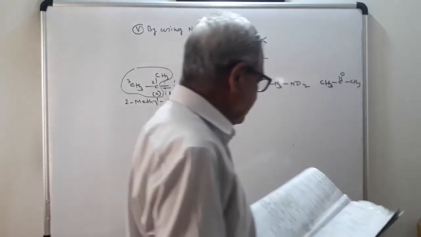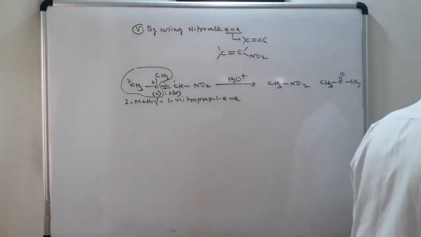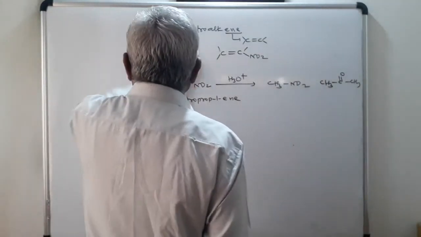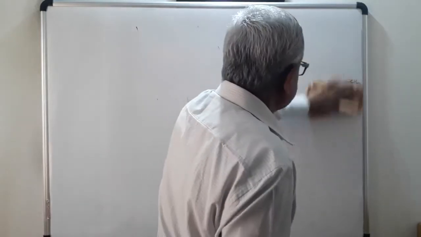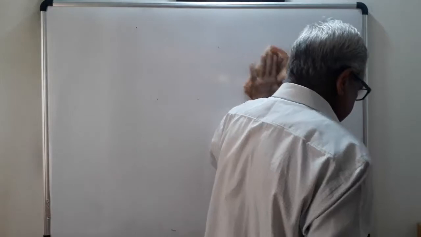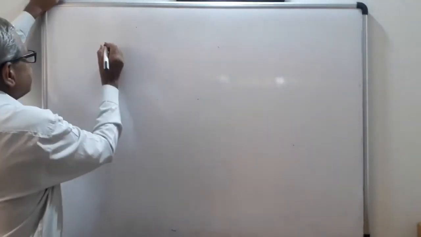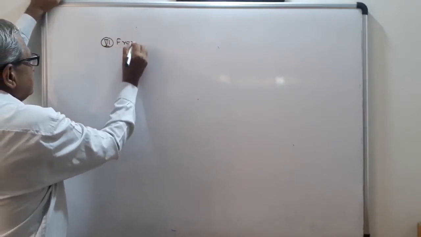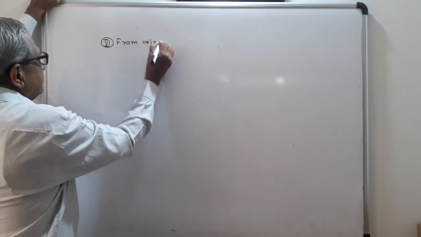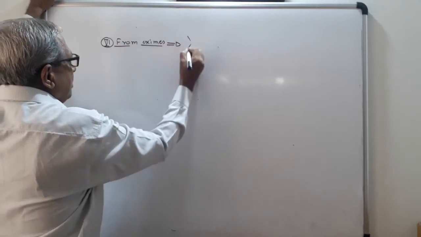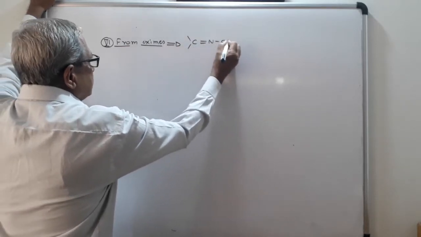Now the next method is from oximes. So next method, from oximes. This is the last method. Oximes have the functional group C double bond NOH.